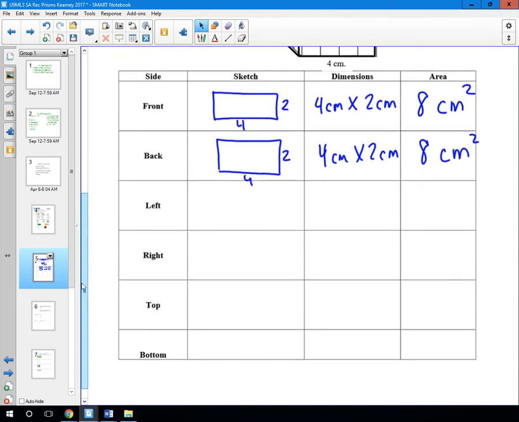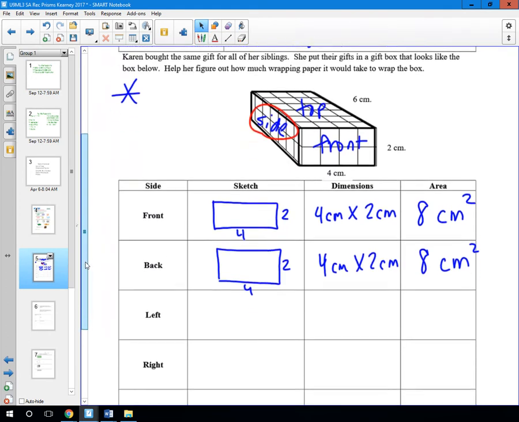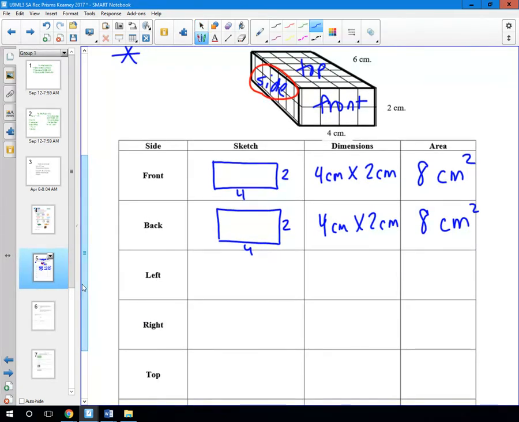Now, if I look at the left side over here, if I were to sketch that, that would be a little bit longer, still too high. So let's see, we would have 6 by 2. So 6 centimeters by 2 centimeters, which if we find the area of that, 6 by 2 would be 12 centimeters squared.